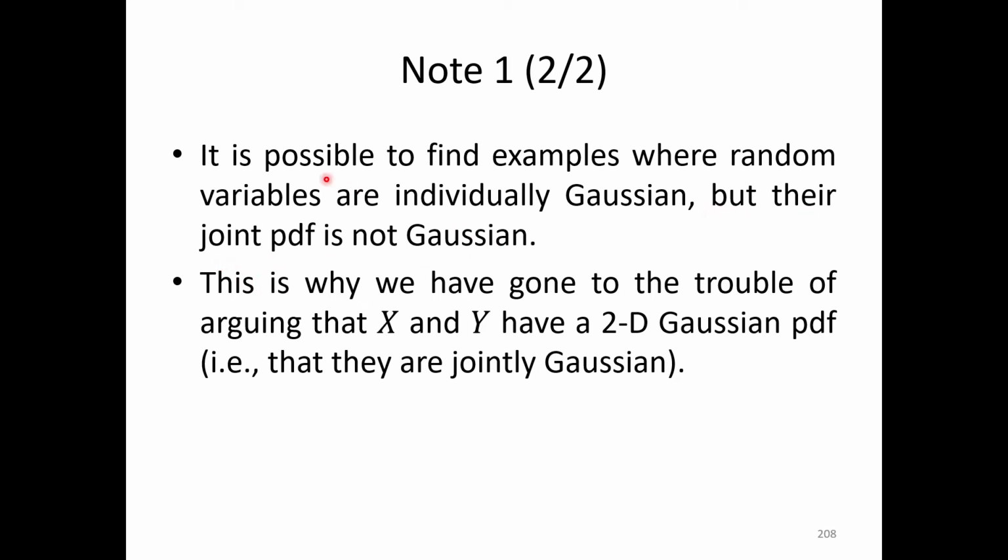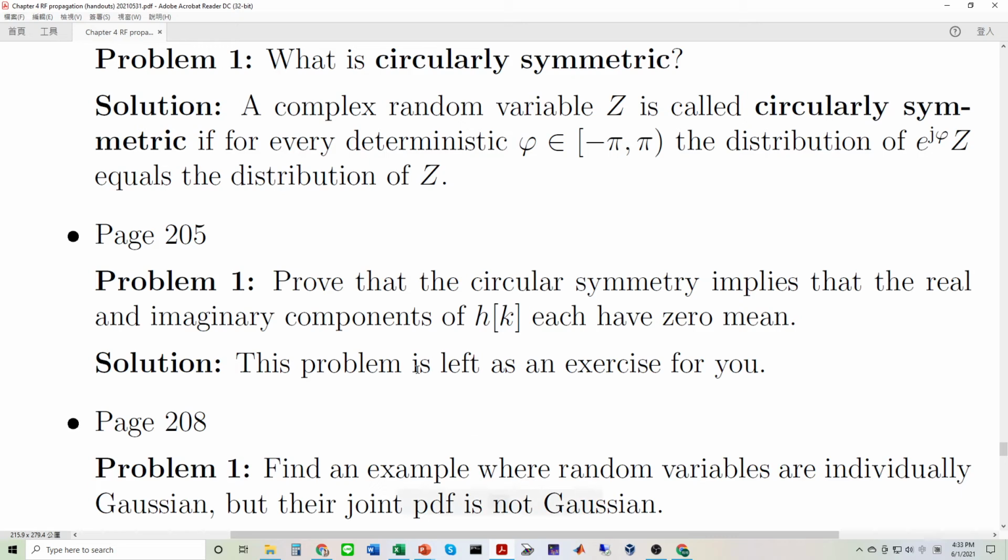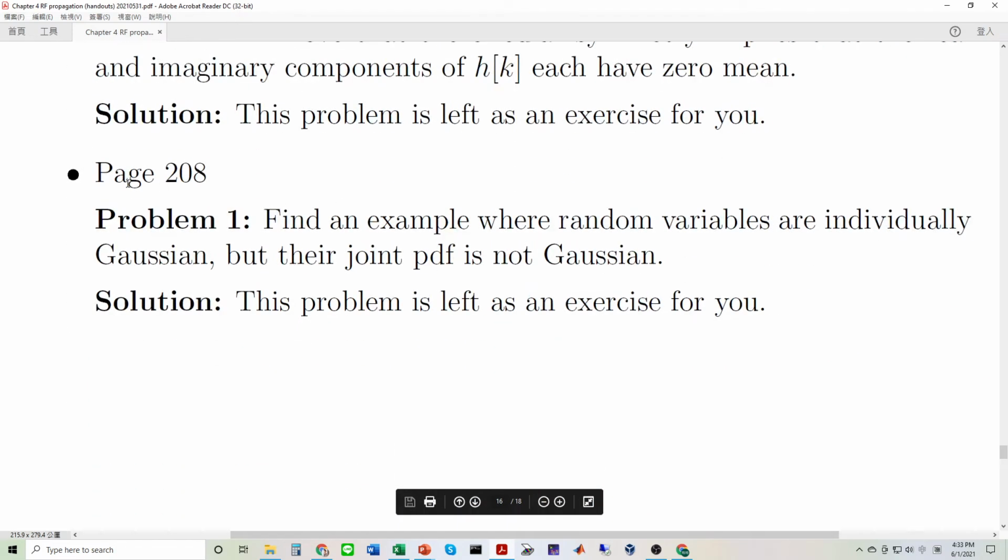It is possible to find examples where random variables are individually Gaussian, but their joint PDF is not Gaussian. Okay, can you find such an example? Okay, let us look at the handout. Okay, page 208, Problem 1.